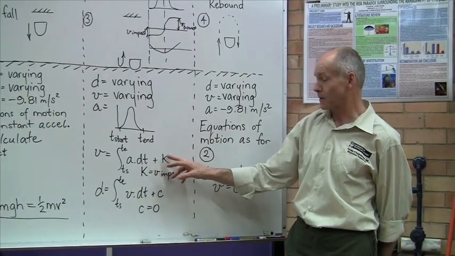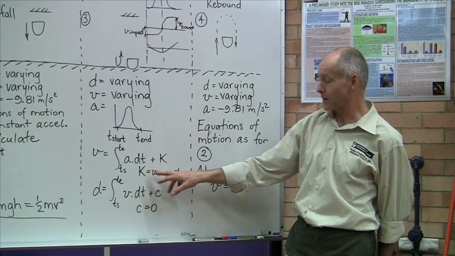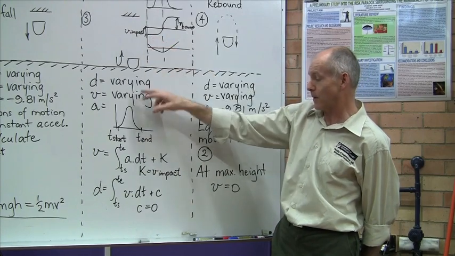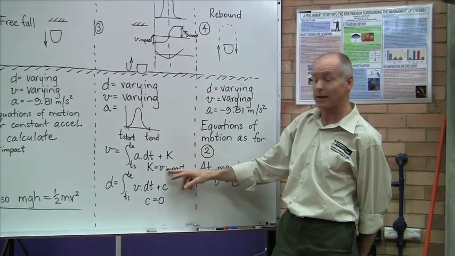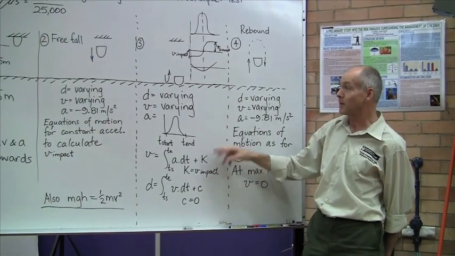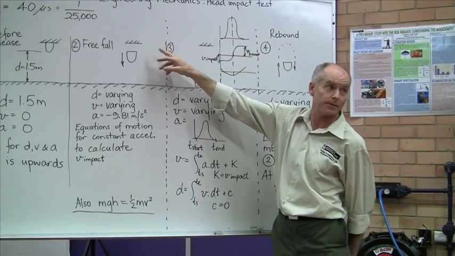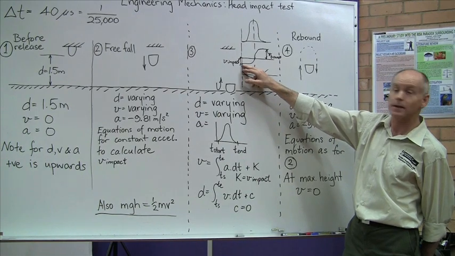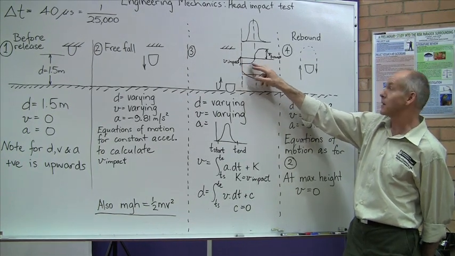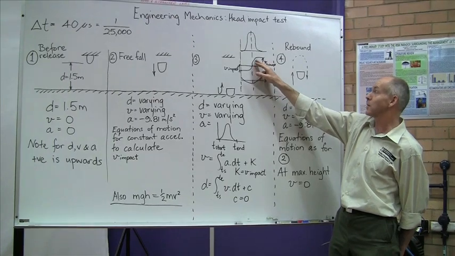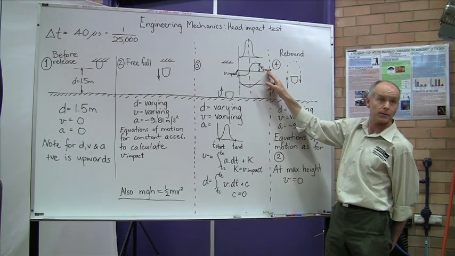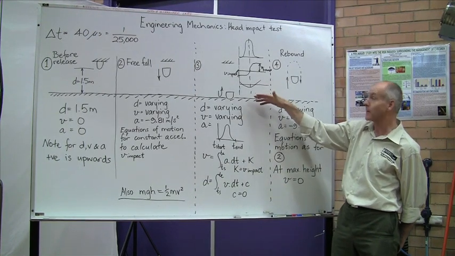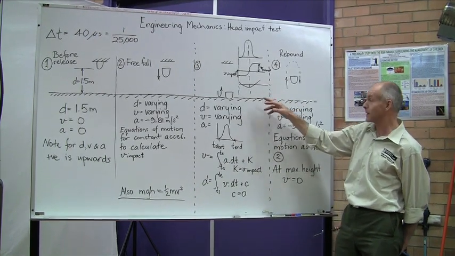In this case, we can solve for that because we know that at the beginning of the integration, our starting velocity is our impact velocity, which we can calculate from the drop height. So the velocity graph starts off negative at the impact, goes up through 0 and then becomes positive with V bounce. V bounce is the velocity that the head form emerges from the rubber just as it loses contact.